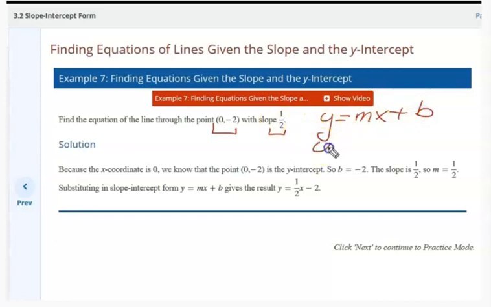So all you have to do is substitute for the m, which is 1/2. Need to include the x. And then here you don't put the 0, you just put the negative 2. And there is hopefully something rather easy. Again, if they're giving you the y-intercept and they're giving you the slope, it's easy to put it in this form.